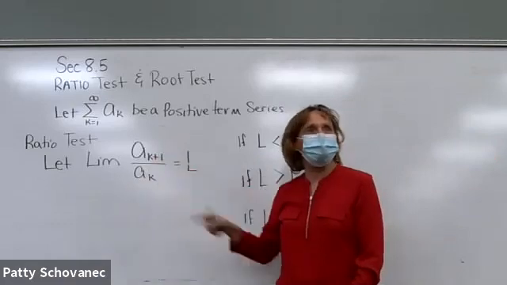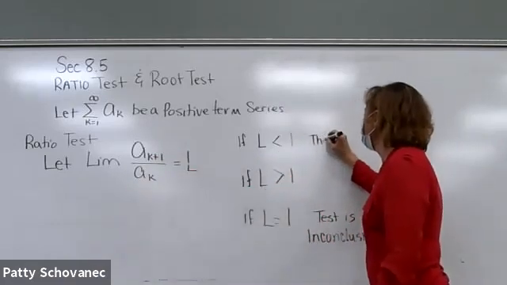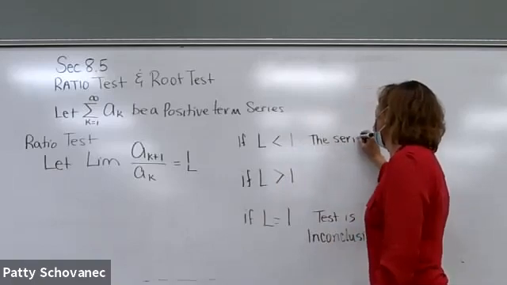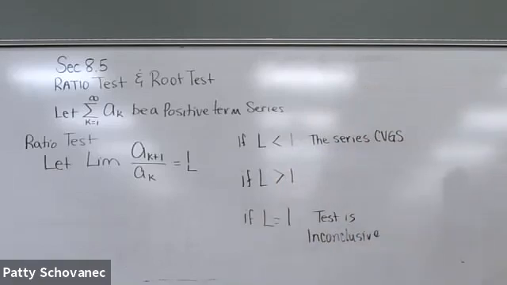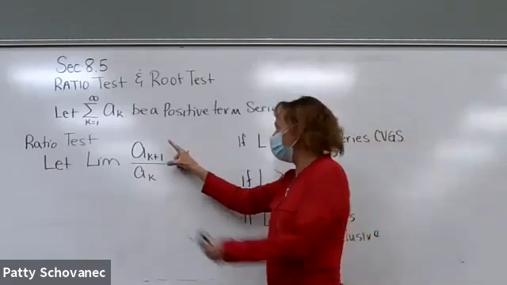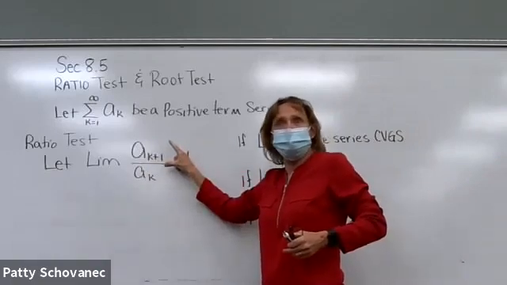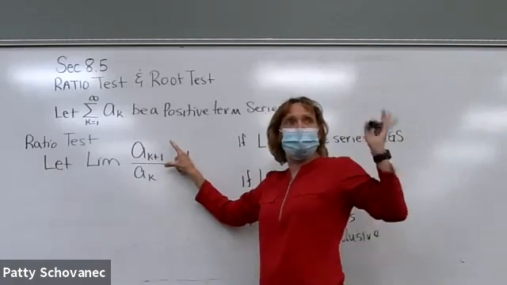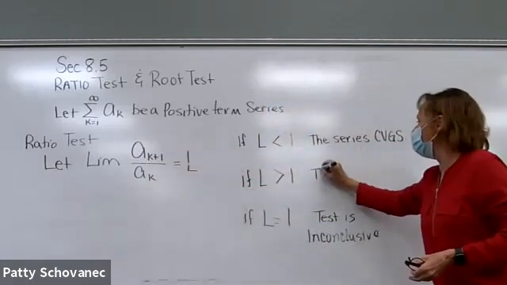And the series is going to converge. If it's bigger than 1, that means A_(k+1) is bigger than A_k. So my terms aren't getting small enough way out on the end when I'm adding them. So the series diverges.